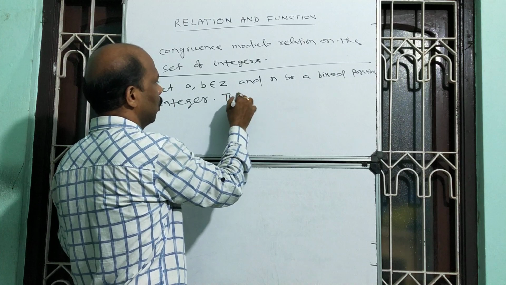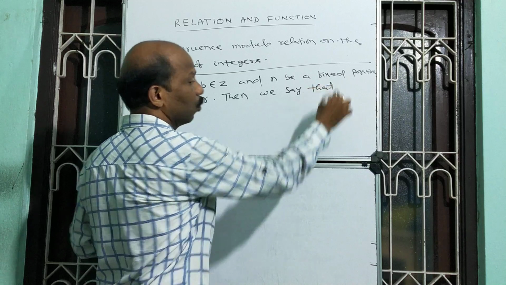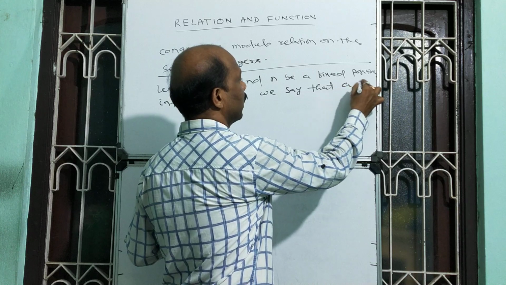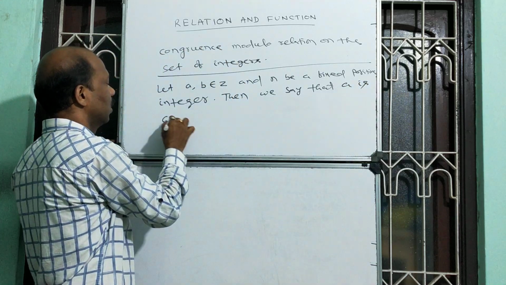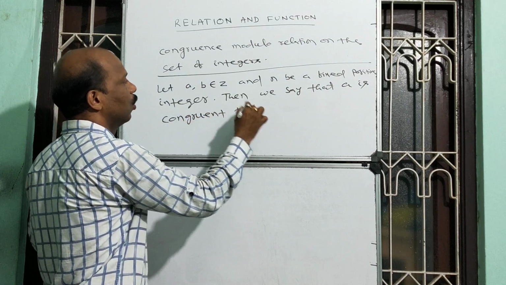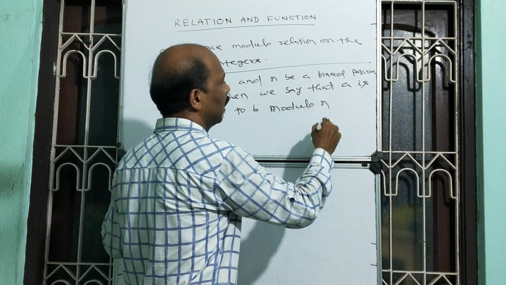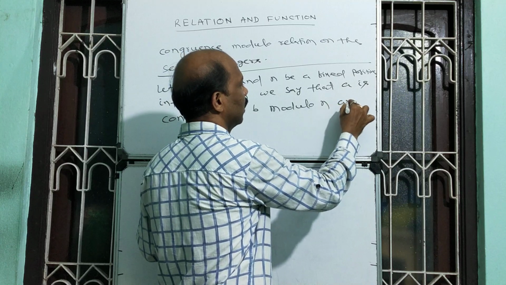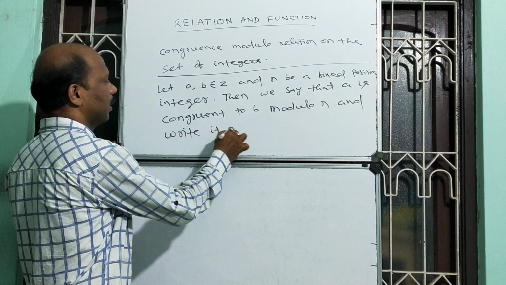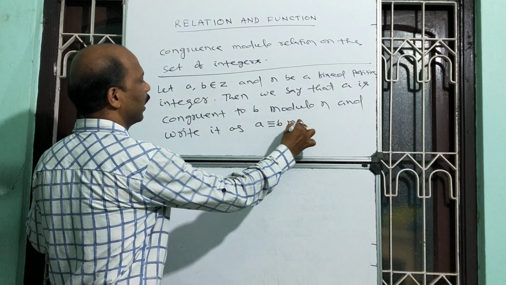Then we say that A is congruent to B modulo n, and write it as A ≡ B (mod n).